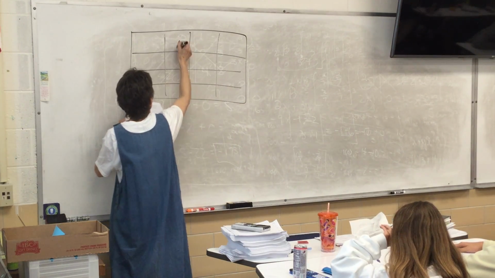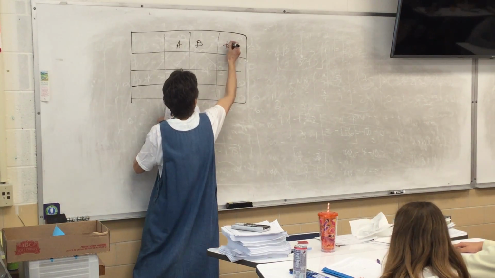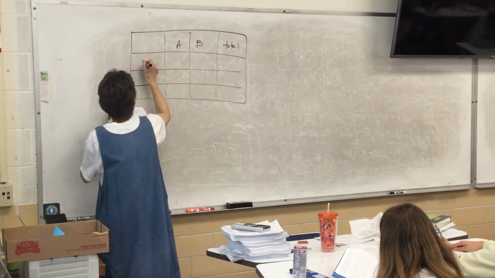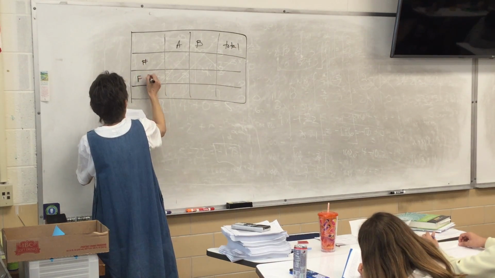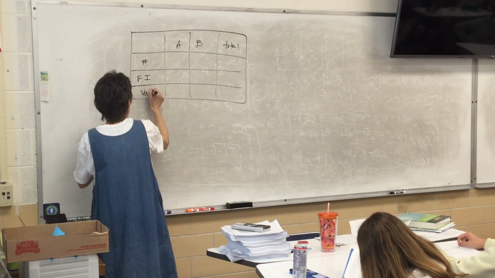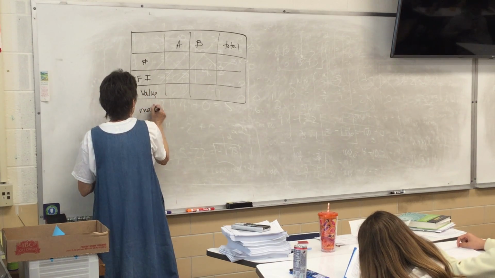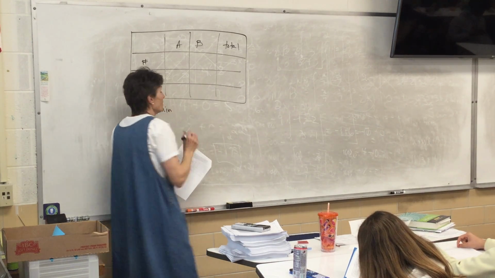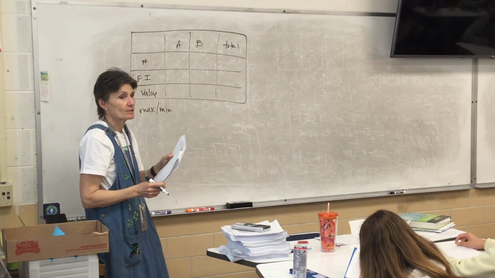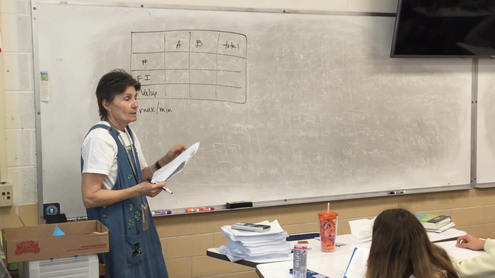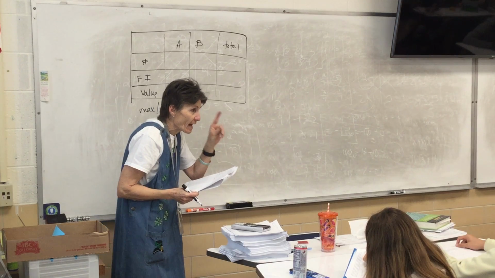We'll see if we have time to go past that, but we'll at least get that done. All right, so here we go. Every number from the problem goes into the chart. Remember, you get points for that.